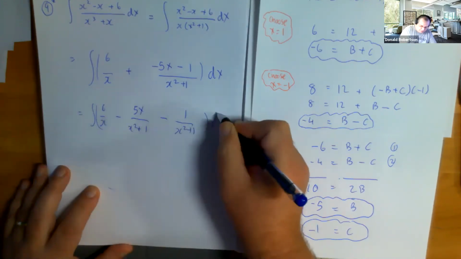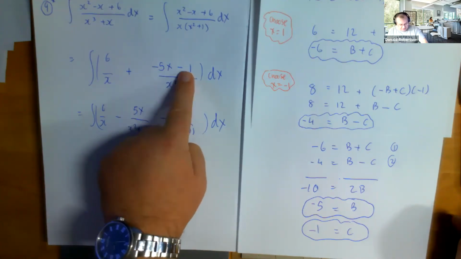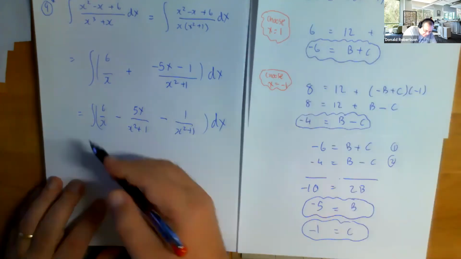So in the quadratic world, although you have bx plus c, separate them. Let's see what we get here.